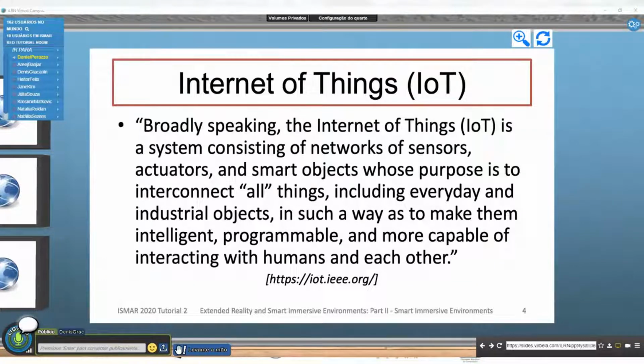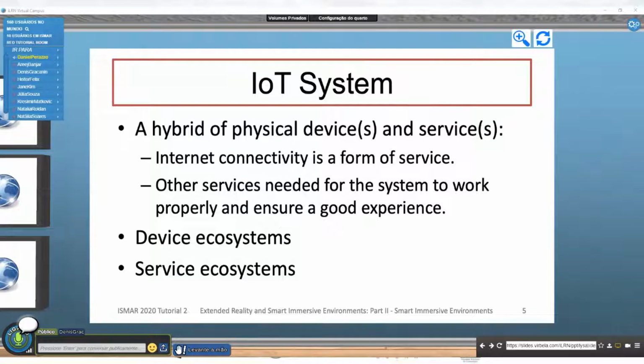Now that we have this definition of Internet of Things, let's look at what constitutes an IoT system. That will be a hybrid of physical devices and services, where internet connectivity is a form of service and other services are needed to make sure that the system works properly and provides a good experience, meaning exchange of data, access to data, computing and processing of the data, and reacting to data.